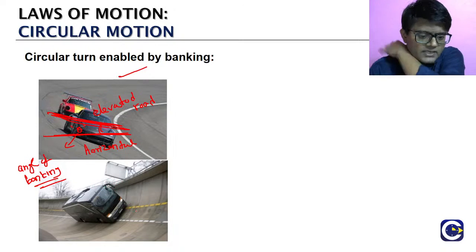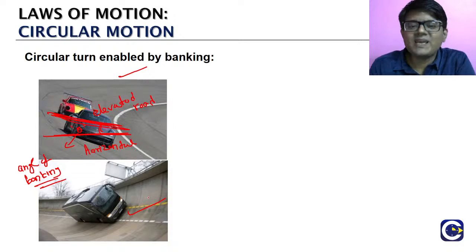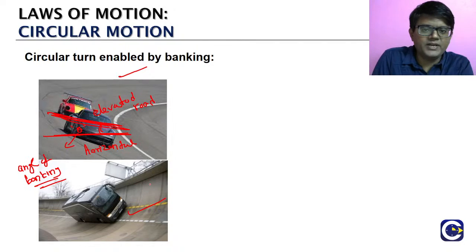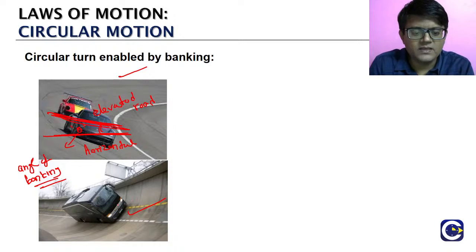Normally the angle of banking will not be very high. If it were, sitting in the bus you would get a feeling as if you are going to tilt down. But normally the value of the angle of banking will be reasonable.